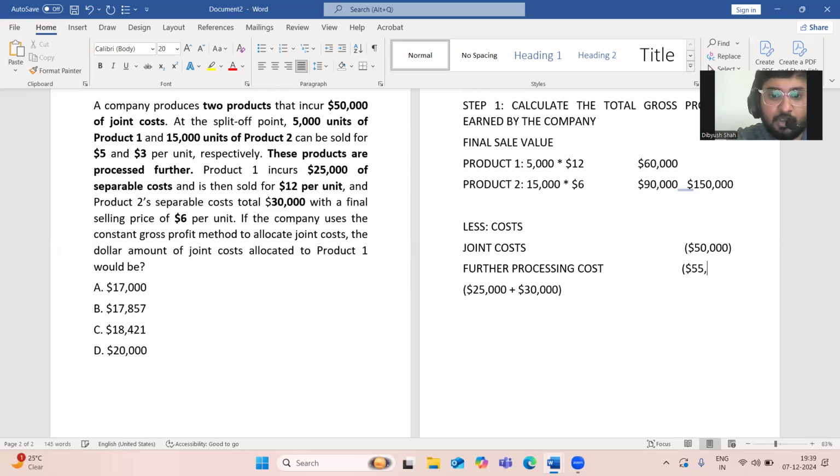So what is the dollar amount that company will make? Gross profit. Now I will need a calculator finally. Sale value $150,000 minus joint cost $50,000 minus further processing cost $55,000. So your gross profit is $45,000. What is gross profit percentage?